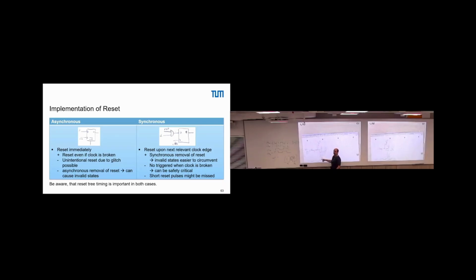I can do timing analysis and check whether my critical path in the system is short enough that all the registers are supplied early enough before the next clock edge. So I'm sure I'm now in a synchronous way.